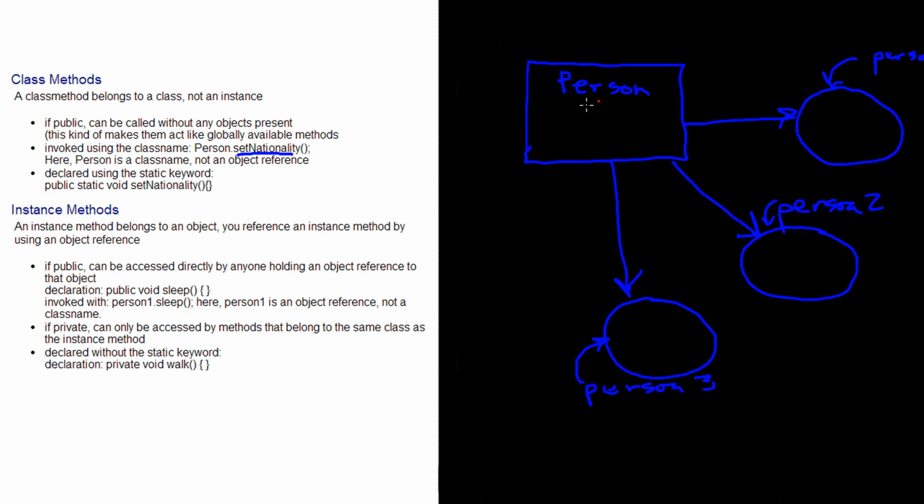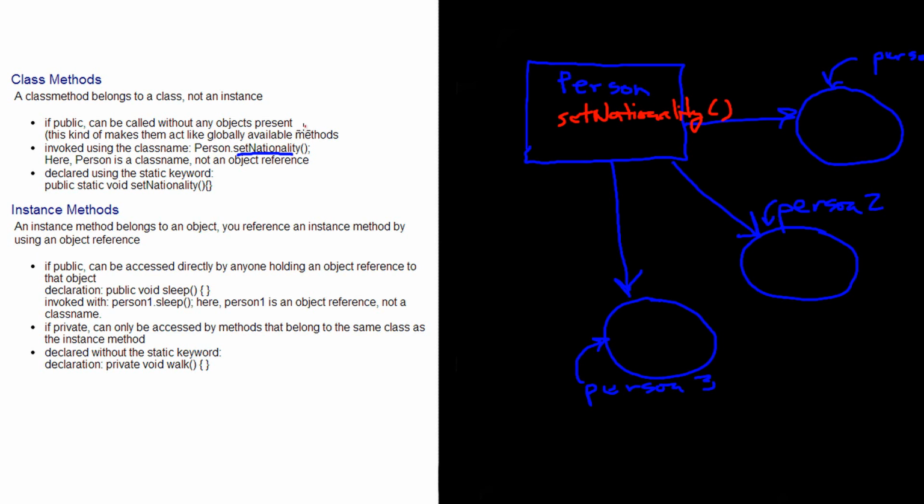You think of that method in here. The setNationality method belongs to the person class. It doesn't belong to any individual person object. It actually belongs to the class itself.